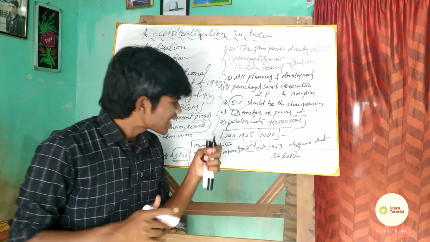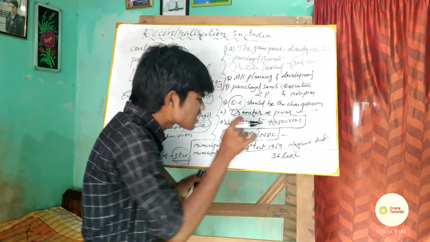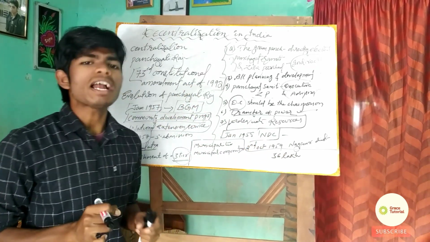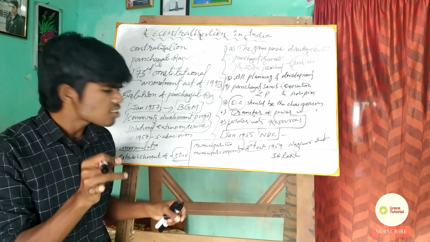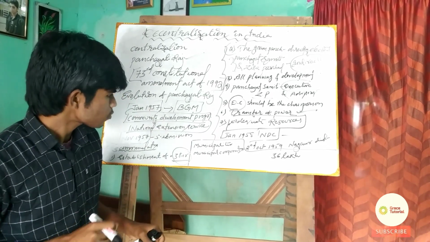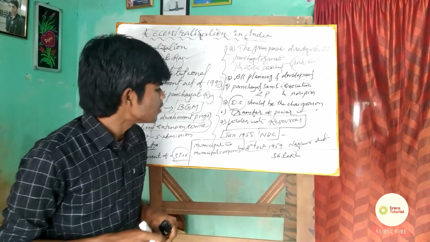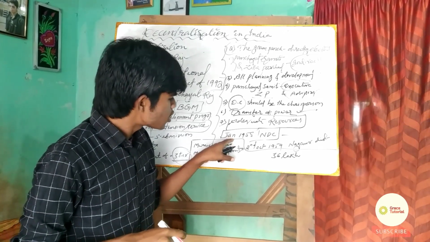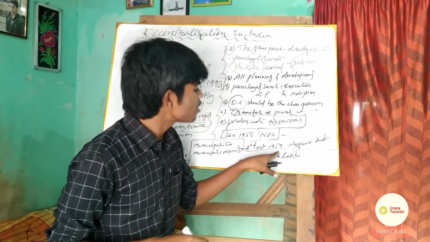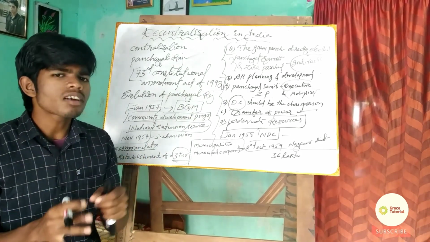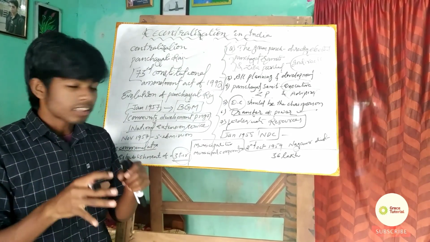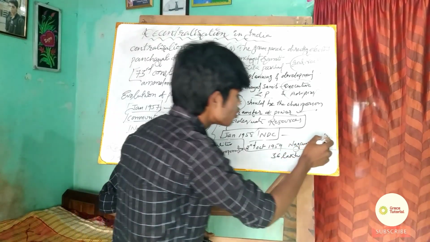That means the council did not insist on a single rigid pattern; it was completely left to the states on the basis of local conditions. Well, what happened? On 2nd October 1959, the first Panchayati Raj system was established in Rajasthan, in the Nagaur district.